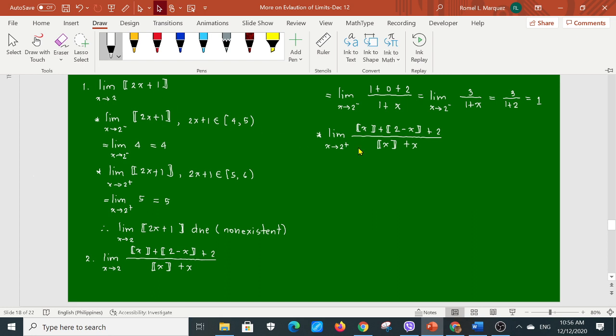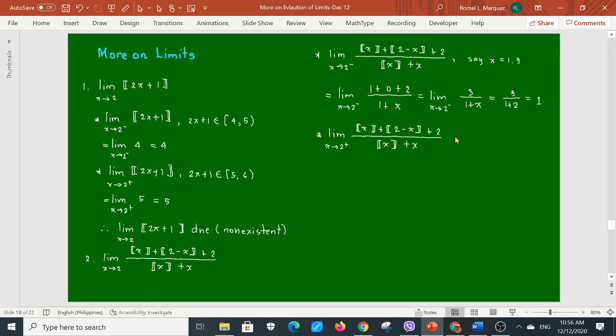When x is close to 2 from the right, say x is equal to 2.1, so 2 to less than 3, what is the value of this?